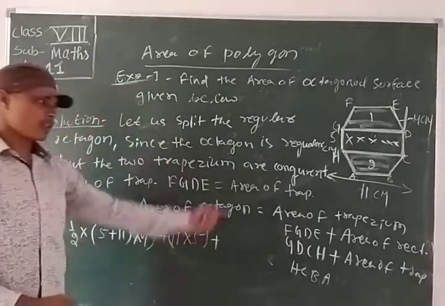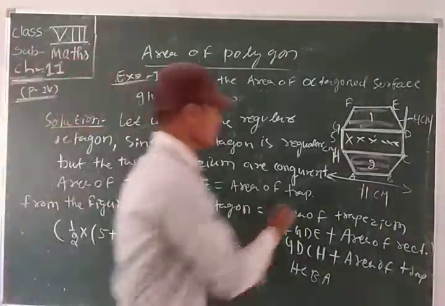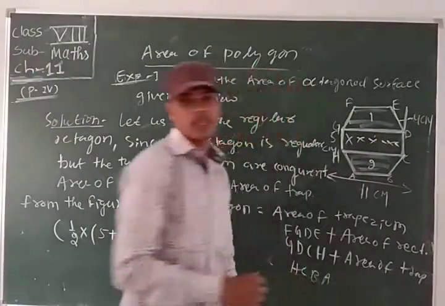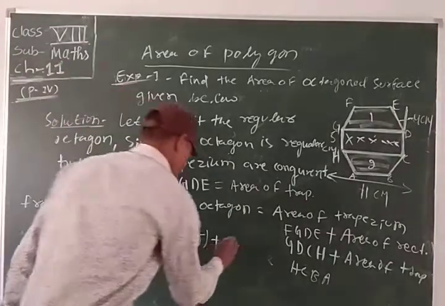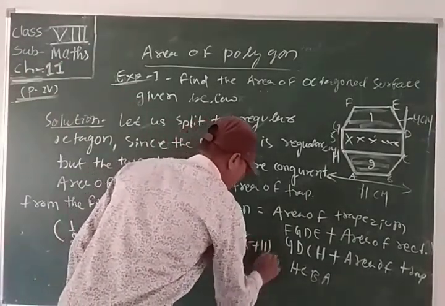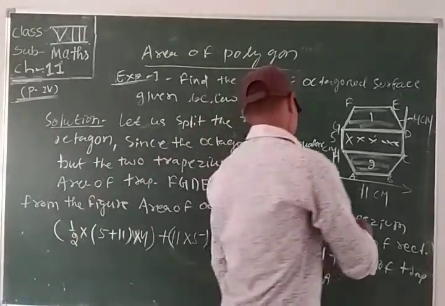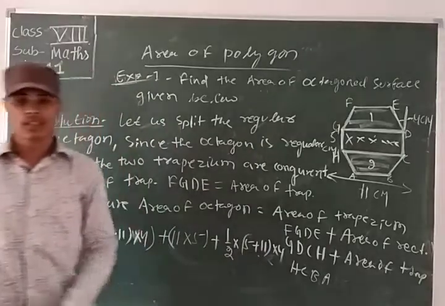Plus the area of the other trapezium, 1 by 2 into 5 plus 11 into 4.